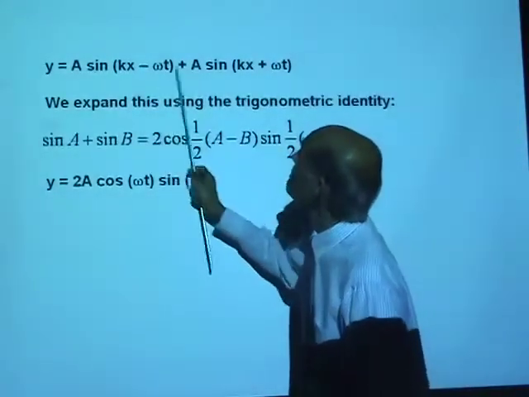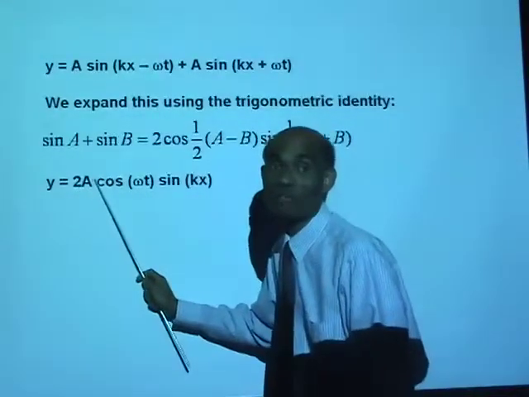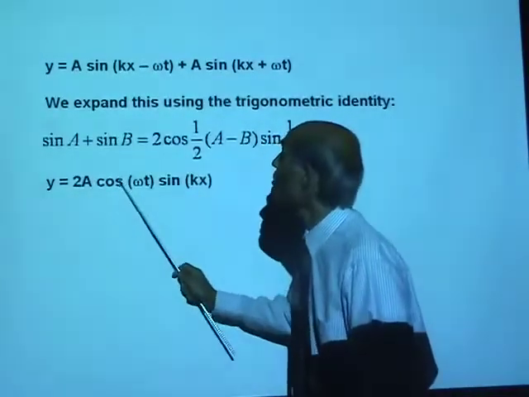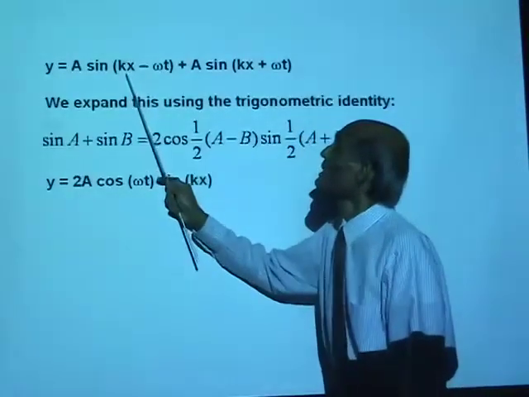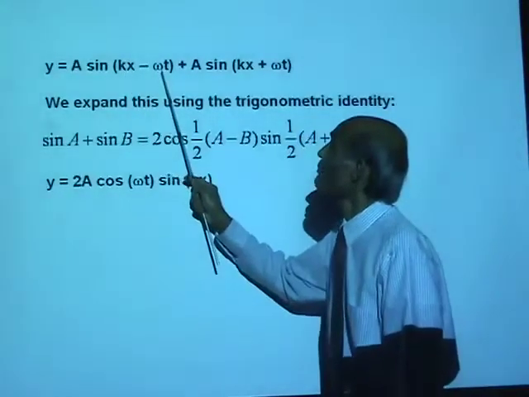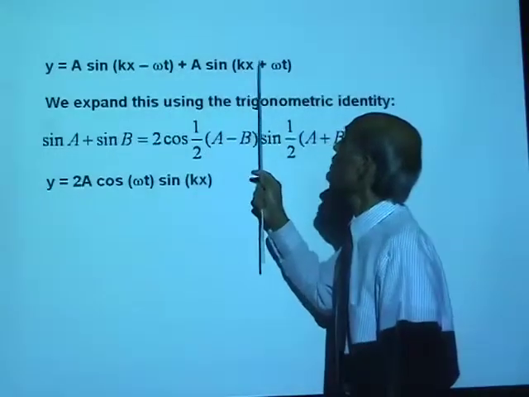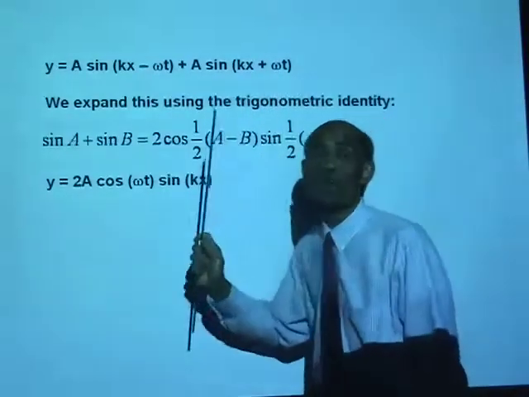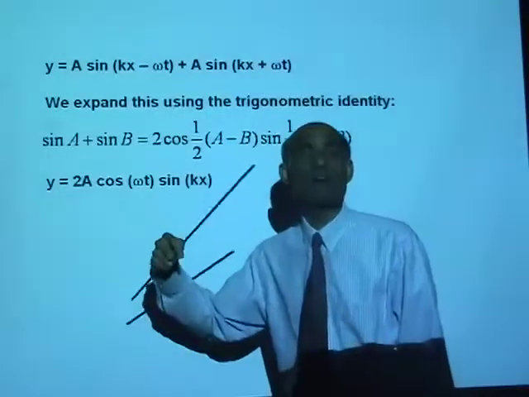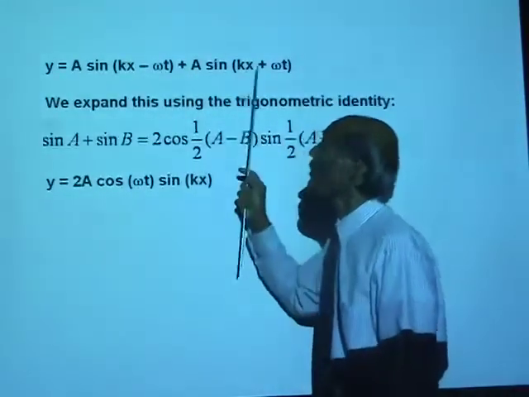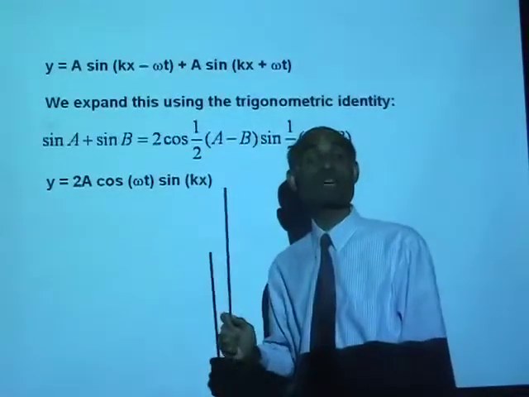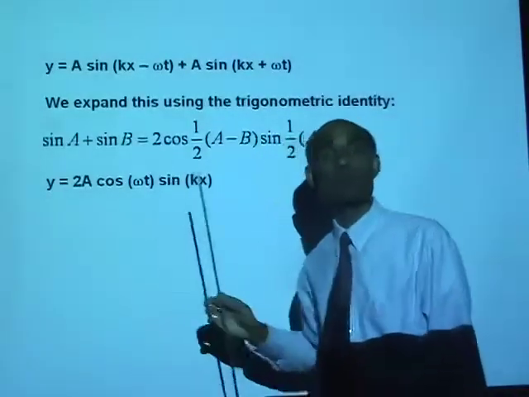2a, this a is common and comes out, that will be 2a cos omega t sine kx. Is that right? If you subtract, kx minus omega t minus kx plus omega t will be negative 2 omega t. Is that right? 1/2 of negative 2 omega t will be negative omega t.